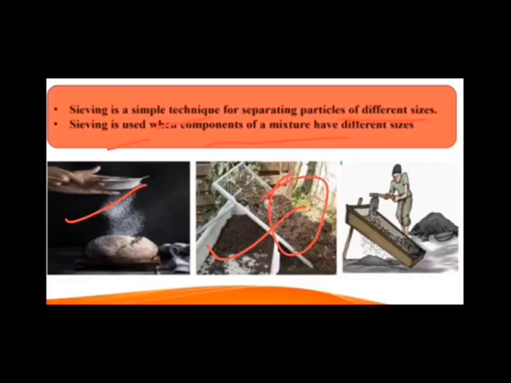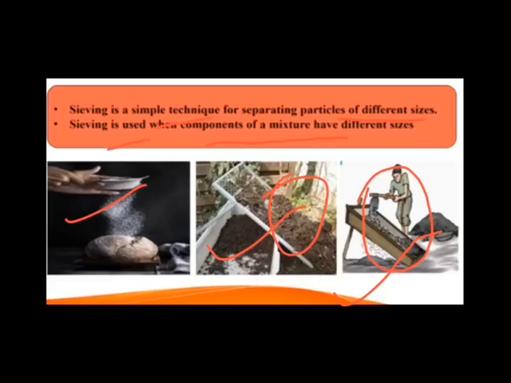You can see here also this type of sieve is used at the construction site to remove the larger stone particles from the sand. Here the larger stone particles remain in the sieve and the fine particles of sand will pass through the sieve. So you can understand that sieving is used only when the particles are of different sizes, right?